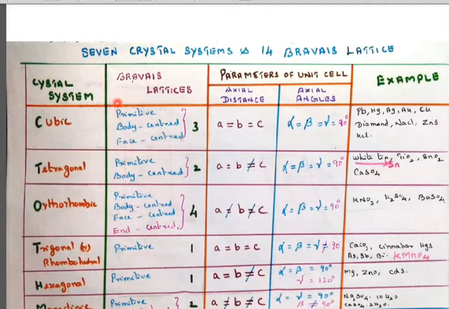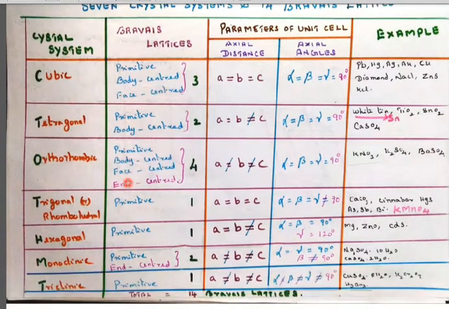I have given a chart for you of all the 7 crystal systems and 14 Bravais lattices, primitive and non-primitive. It is in my description box. You can see it in the solid state theoretical lesson: primitive is simple cubic, and non-primitives are body-centered, face-centered, and end-centered.